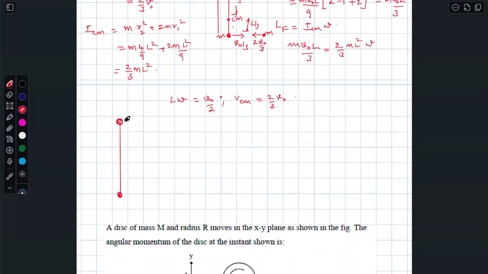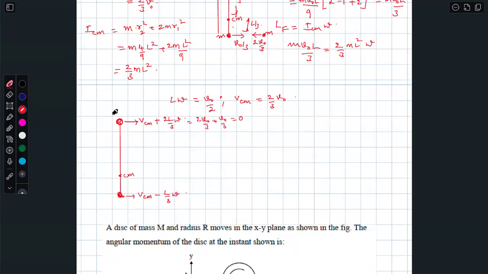Now see, this will have two things. One VCM and the other about the center of mass. So 2L by 3 omega. The other part here it is VCM minus L by 3 omega. That's all. What is VCM? 2V naught by 3. What is 2L omega by 3?